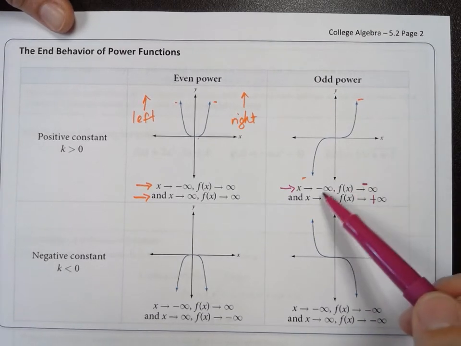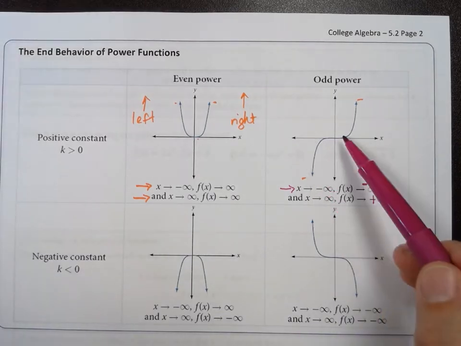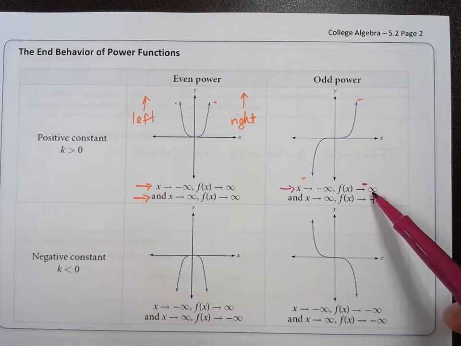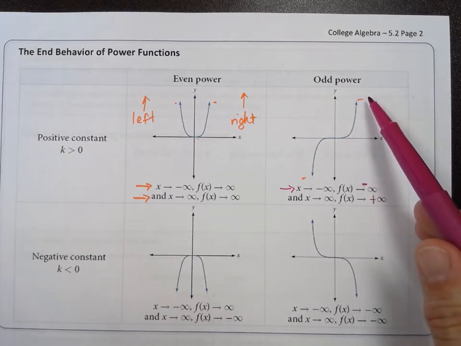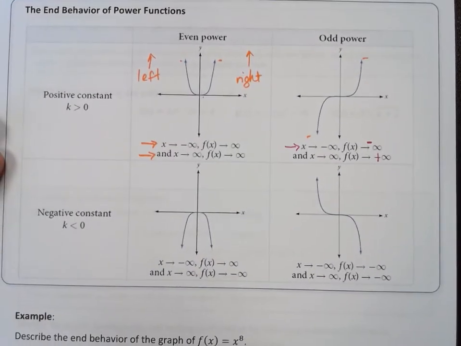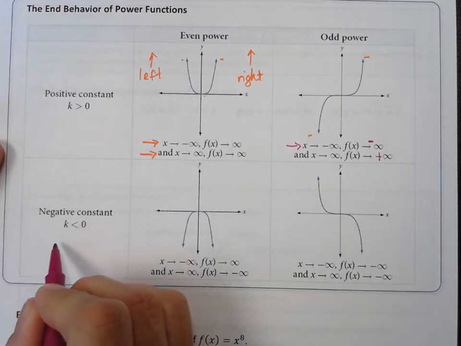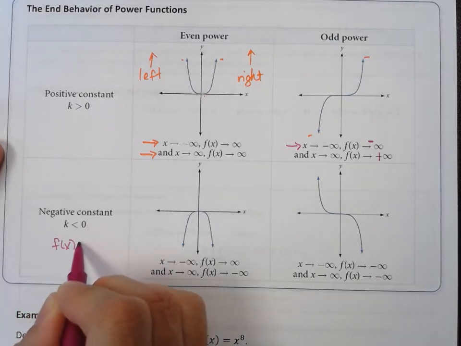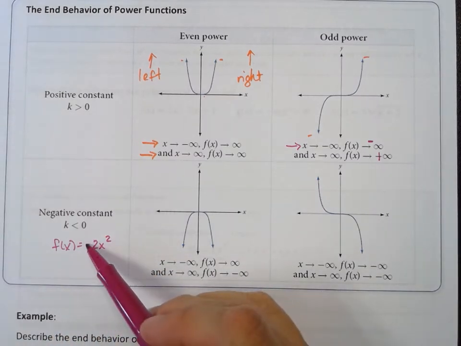So let me just make sure I didn't say that wrong. As x is getting smaller, y is getting smaller. As x is getting bigger, y is getting bigger. Alright, so what happens if you have a negative constant? If you have a negative in front of your function, like f of x is equal to negative 2x squared, remember, that means it flips it over, right?